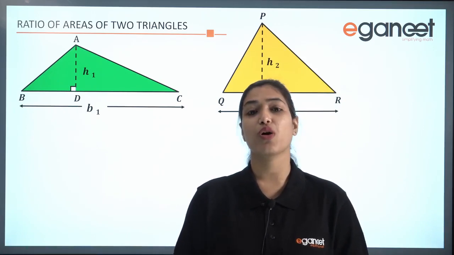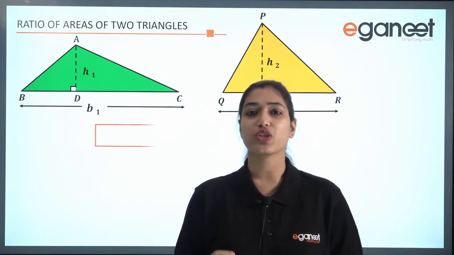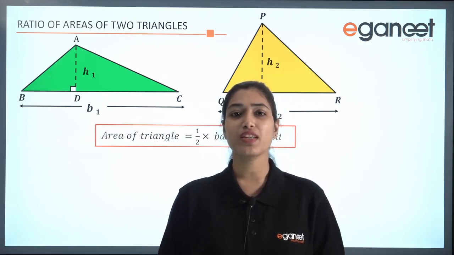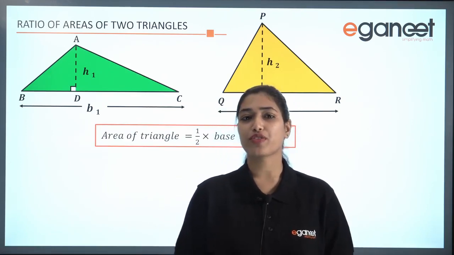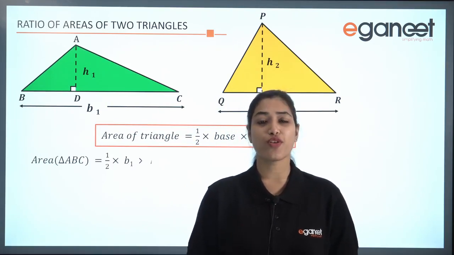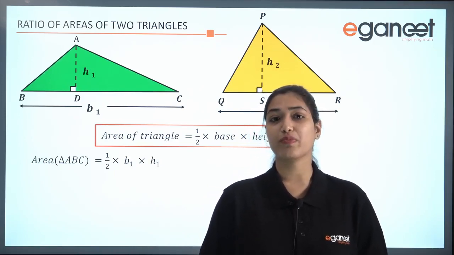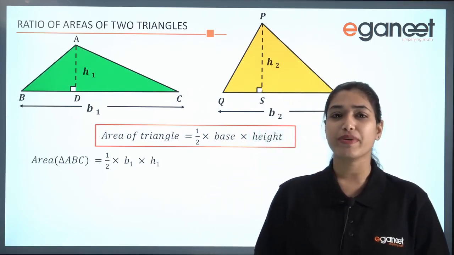And we also know the formula to find the area of a triangle, which is half of base into height. Very simple. Now, what will be the area of triangle ABC then? Yes, it is half of B1 into H1, and similarly the area of triangle PQR will be half of B2 into H2.